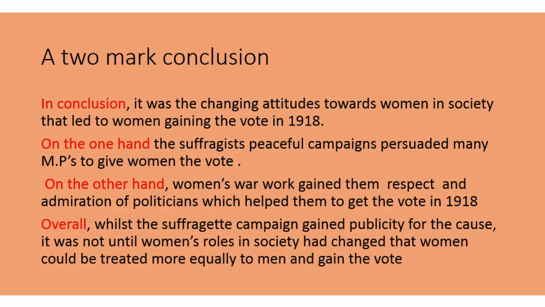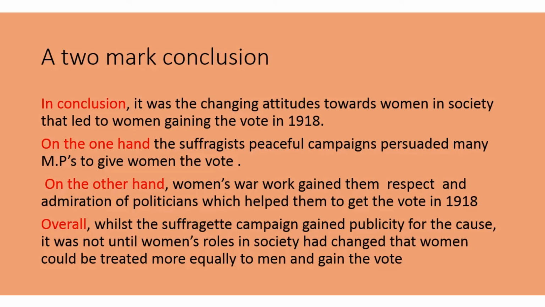So you just use the writing frame here. You start with in conclusion, and then you use the words on the one hand, on the other hand, and overall. And that should give you the framework to get you a 2-mark conclusion.